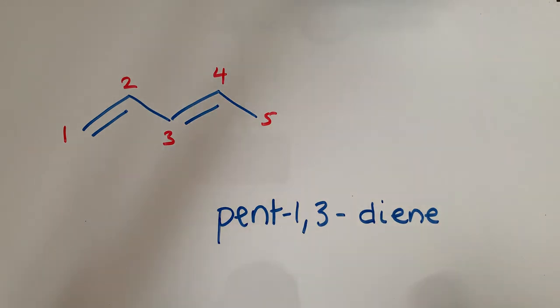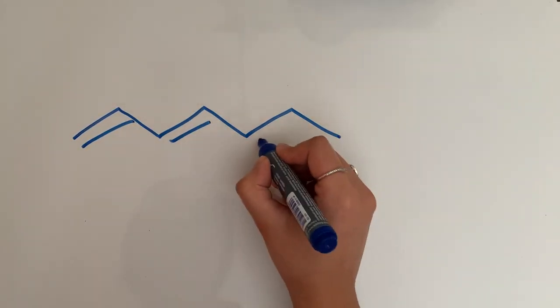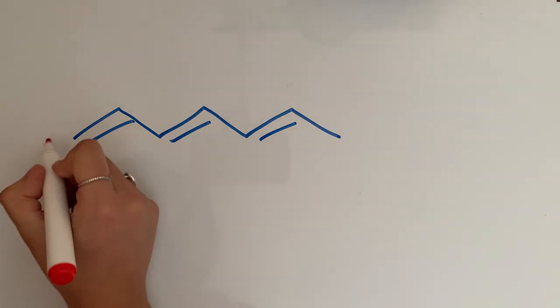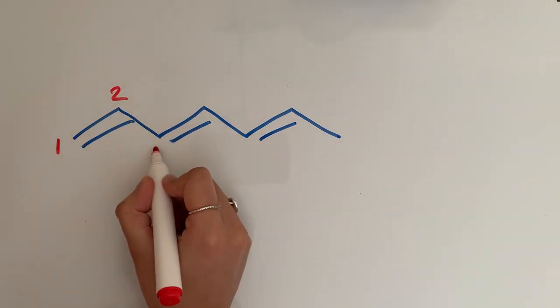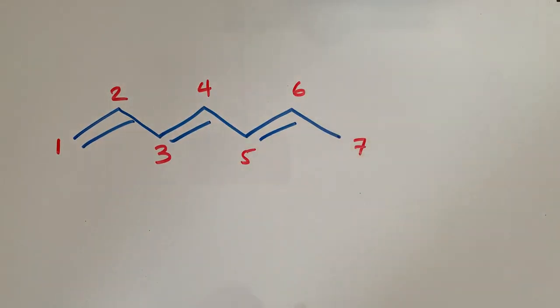If we have 3 double bonds, like so, again I'm going to start numbering from this side to make sure all the double bonds fall on the smallest number carbons.